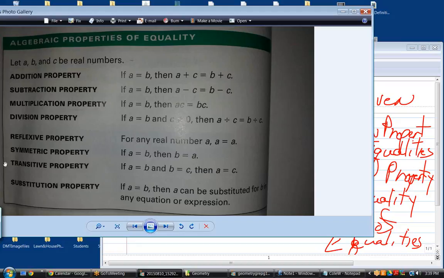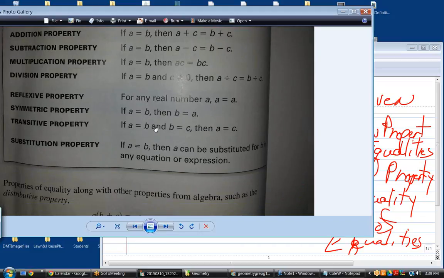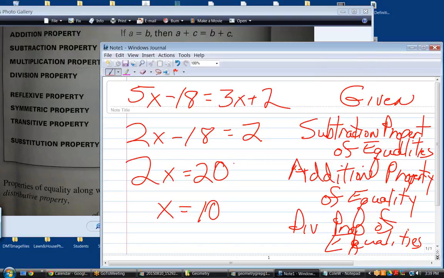If A is equal to B and B is equal to C, then A is equal to C. In other words, if A were equal to X and X were equal to 3Y, then A would be equal to 3Y. Okay? And that's more of a property. I can see a lot of things that you would require this transitive property in the right-hand column.